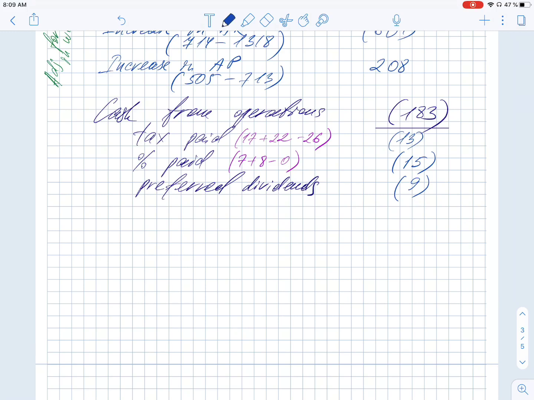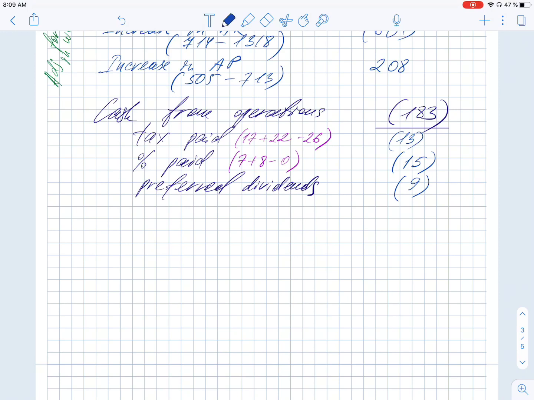If you look at the solution of University of London for that exam, I mean the examiner's commentaries, you can see that ordinary dividends, not preferred, were also calculated and written here in that section of the cash flow statement.